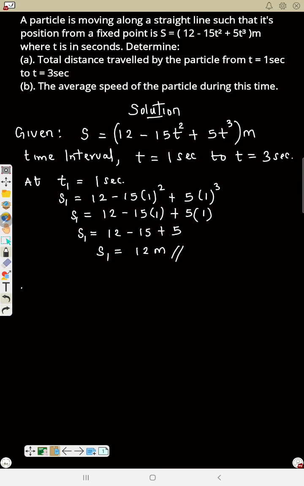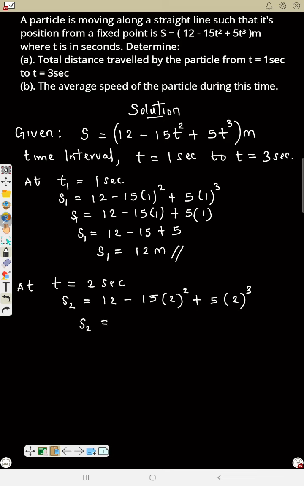Now let's see the position of the particle at 2 seconds. At t = 2 seconds, s2 = 12 - 15(2)² + 5(2)³.